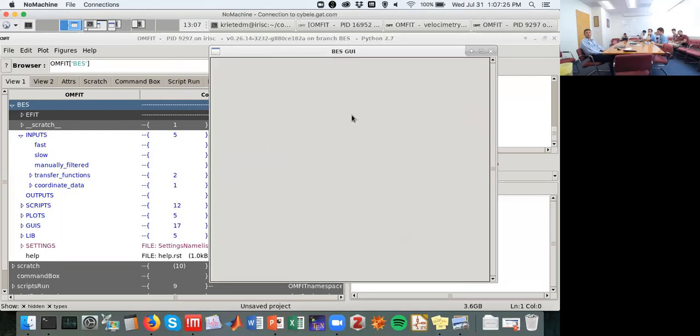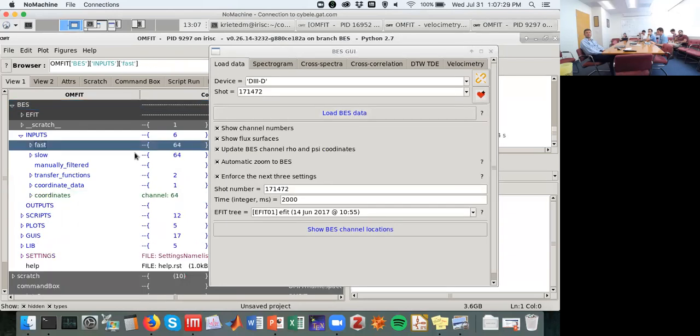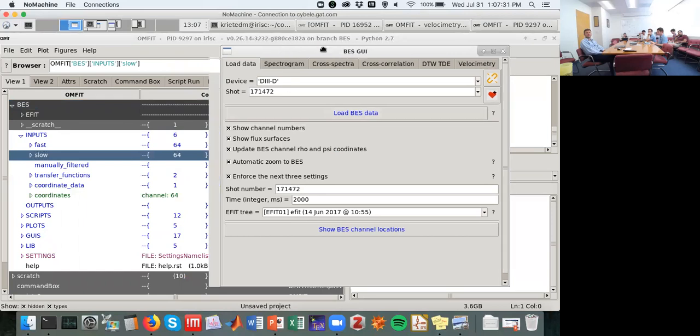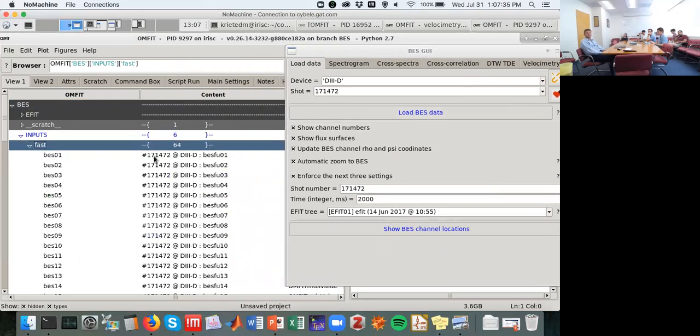So when I press load BES data, you can now see that the fast and slow trees have been populated with 64 channels for the D3D system. So basically 64 different MDS value references to the 64 different BES channels.